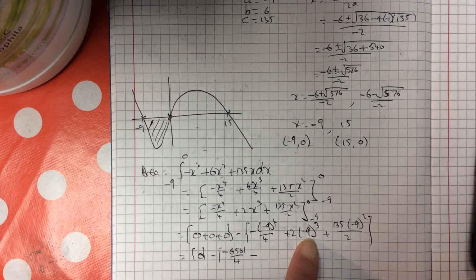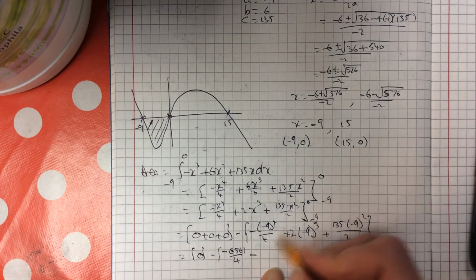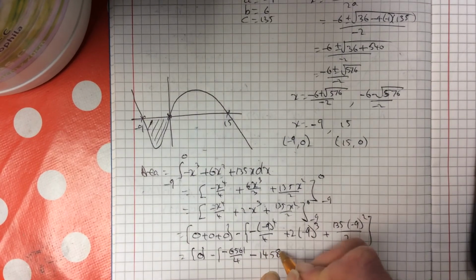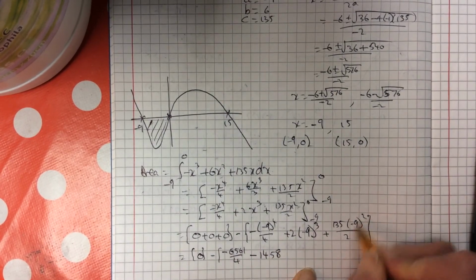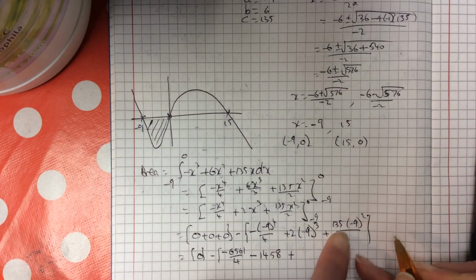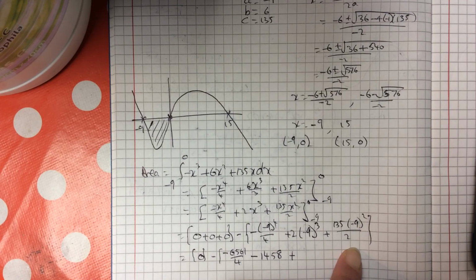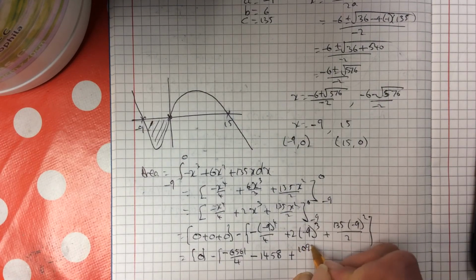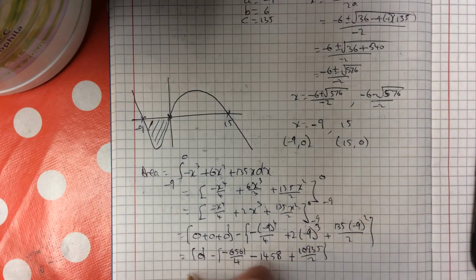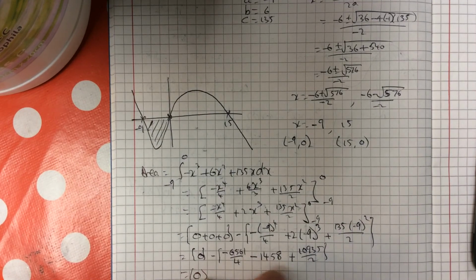So 9 cubed times 2 gives me 1458. A minus squared is a positive, so it's 135 times 9 squared, which is 81, divided by 2, giving you 10935 over 2. Very, very awkward numbers.